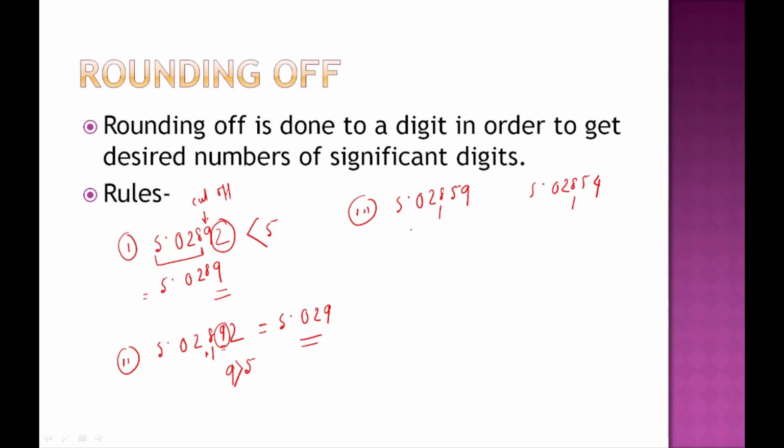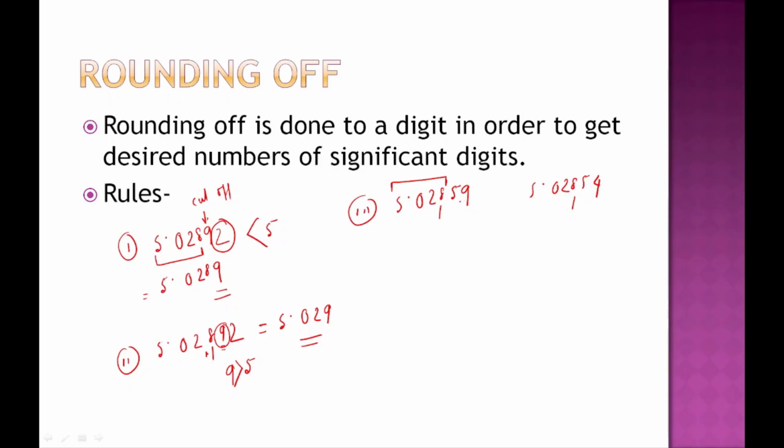That means we have to shrink this number into 4 significant figures, which means up to this. Now the number right of the cutoff digit is 5, which is not less than 5 or greater than 5, but exactly 5. So in this scenario, what should we do?